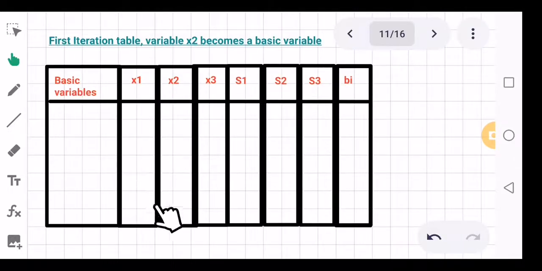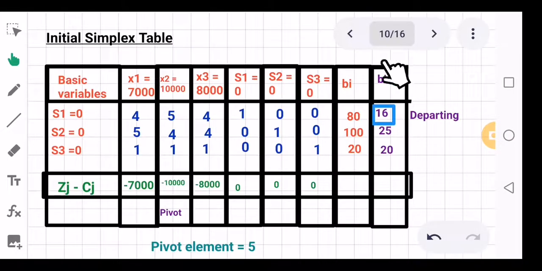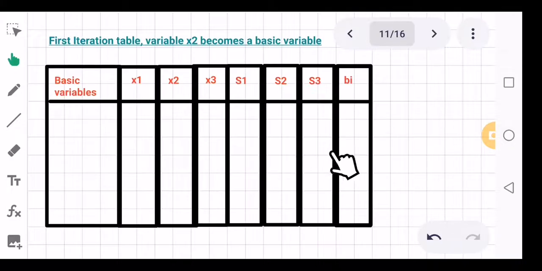Here also, if you don't get the optimal solution, you will be finding the departing row and the pivot column. But before that we need to find zj minus cj and see whether you will get an optimal solution in this particular table.